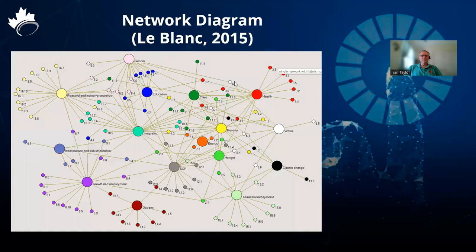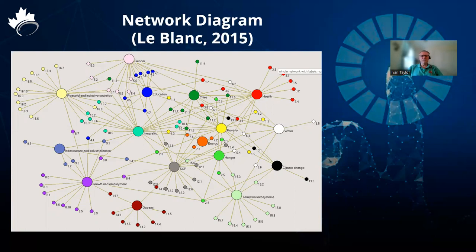So this is the network diagram that LeBlanc did in 2015. You can't really see it very clearly, but the large circles are the Sustainable Development Goals. The colored circles, there are 17 of them. And then you can see that they're connected by smaller circles. Those are what they call the targets or the sub-goals inside the main goal, the bigger circle.